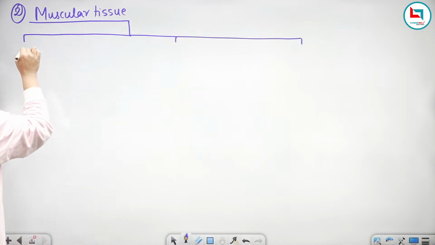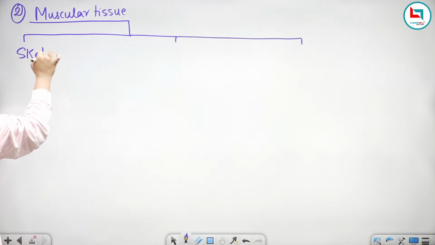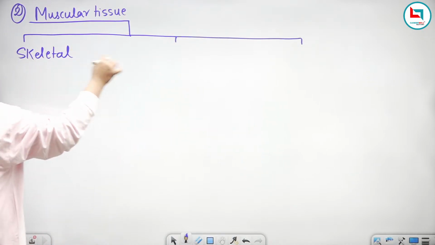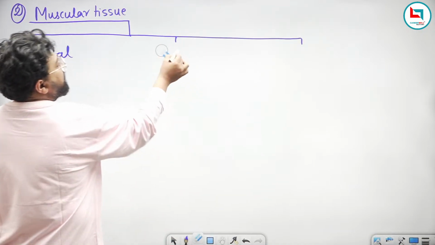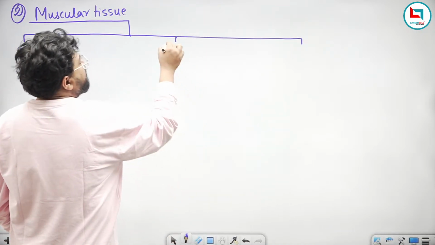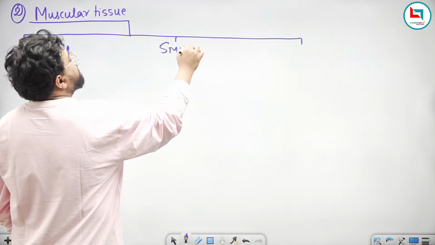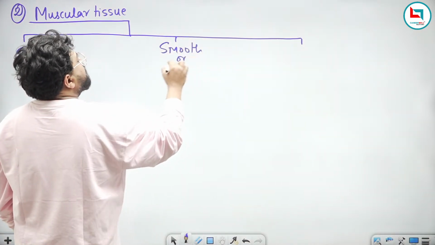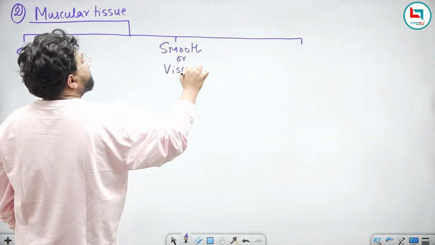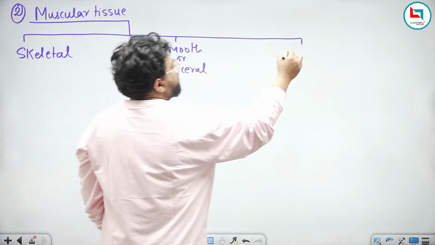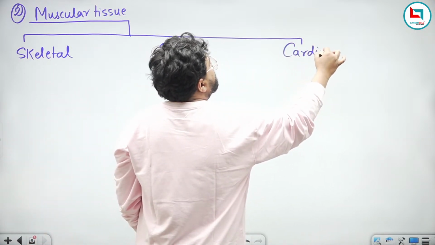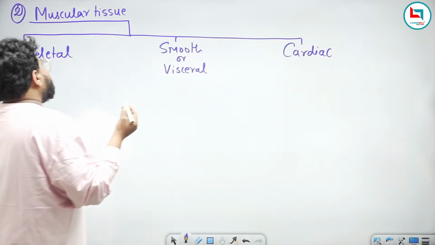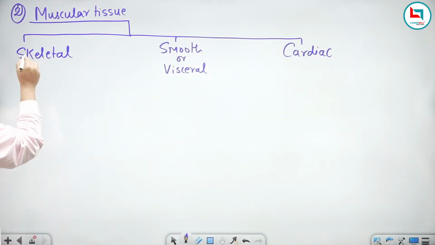One is skeletal muscle, another is smooth muscle or visceral muscle, and third is cardiac muscle. If we see the structure of skeletal muscle, it looks like this.